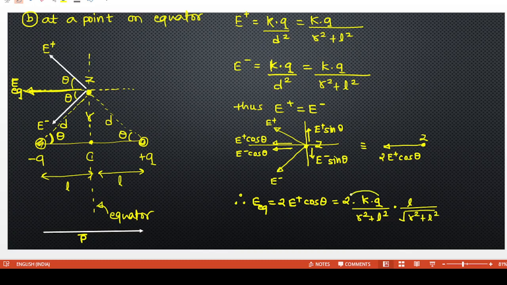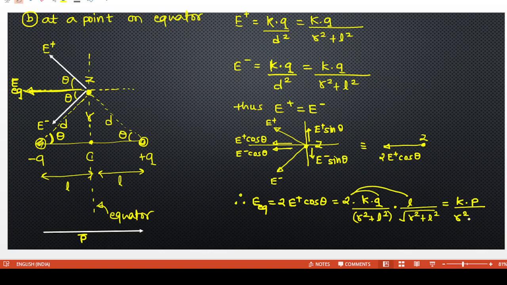This is q into 2 into l. Q into 2l is the dipole moment. K as it is. This is r square plus l square bracket raised to 1, and this is r square plus l square bracket raised to 1 by 2. So 1 plus 1 by 2 is 3 by 2. This is in the format of x into root x, and x into root x is x raised to 3 by 2.